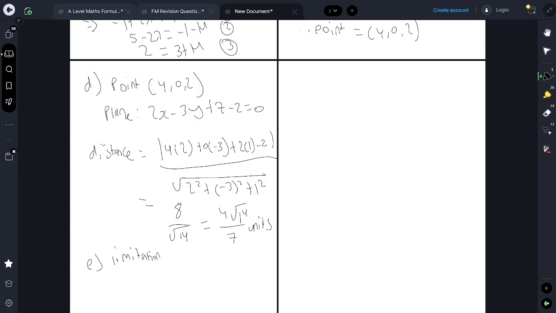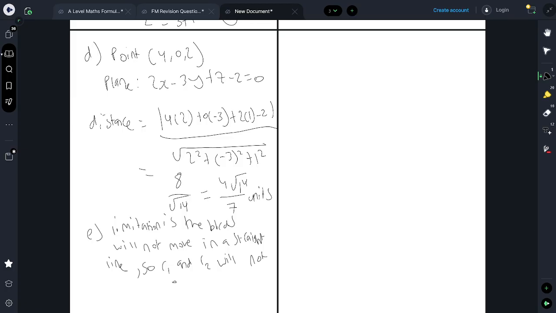Limitation is the birds will not move in a straight line, for various reasons, but that's just not likely. So with reference to the model, R1 and R2 will not be accurate paths for the birds.